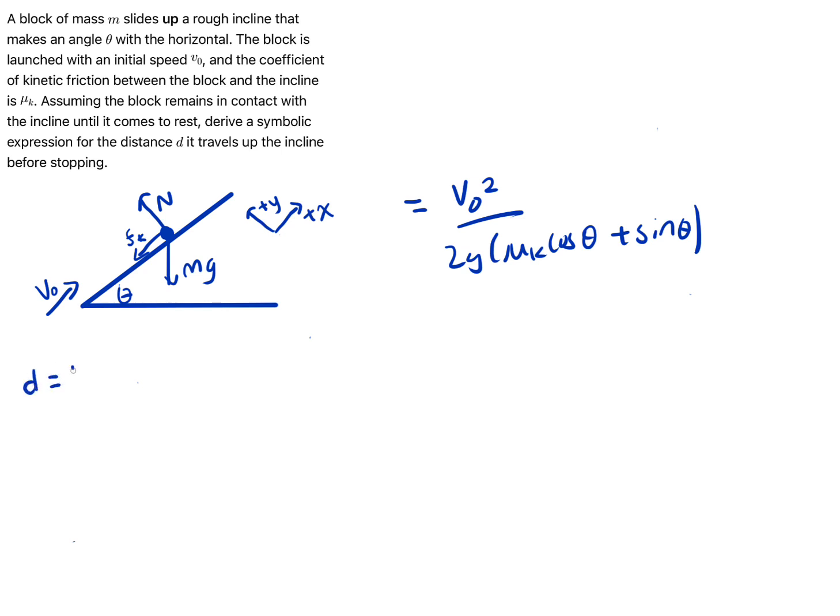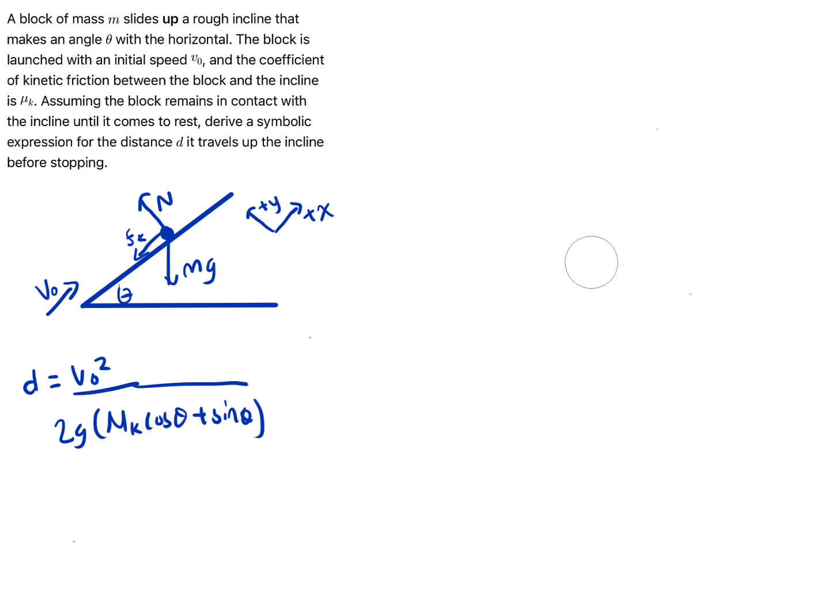I'm going to rewrite it over here. And now that we have our answer, there are a couple of ways to check to see if it meets some common sense conditions.